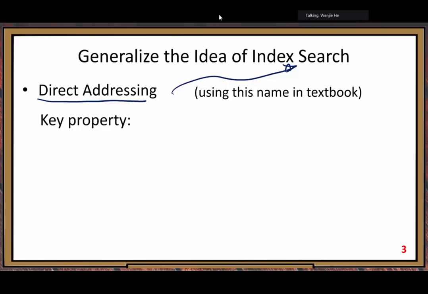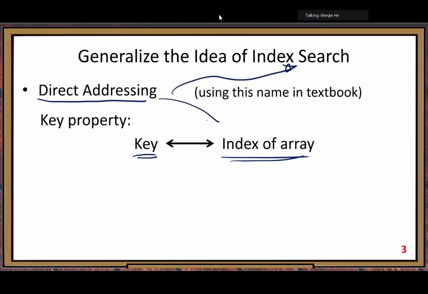Key property in this algorithm: you do the mapping from key to index of array directly. So that's why this name. You do not do any change on the original key. You just use the given key as the index of the array.